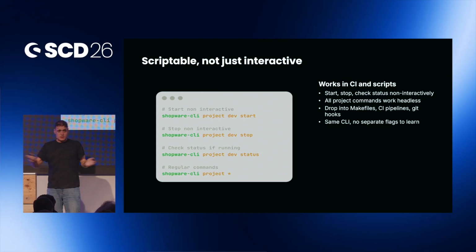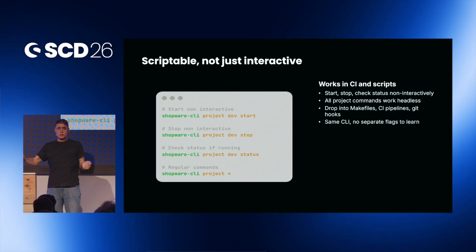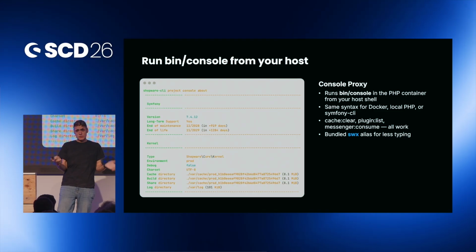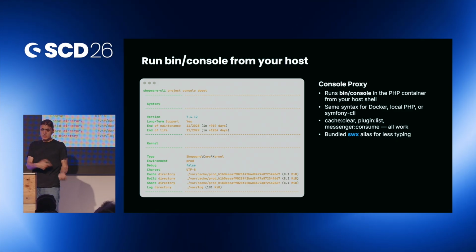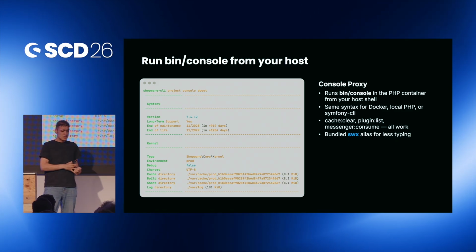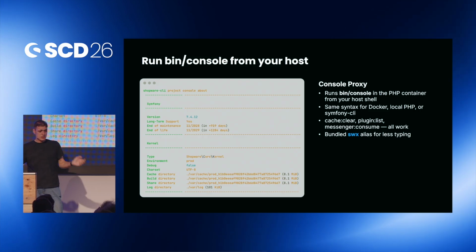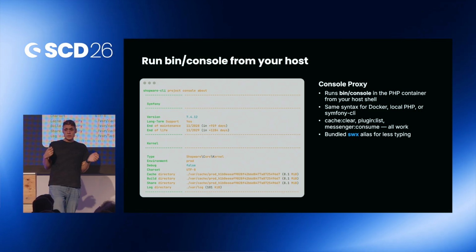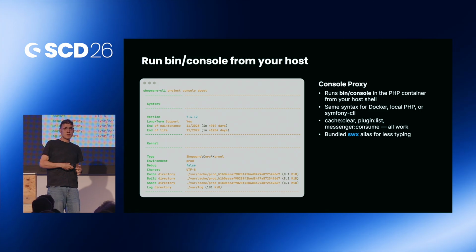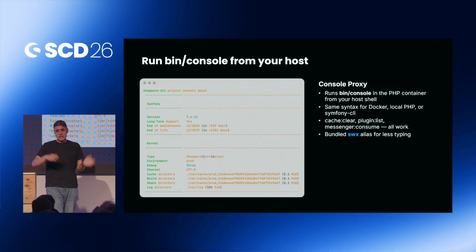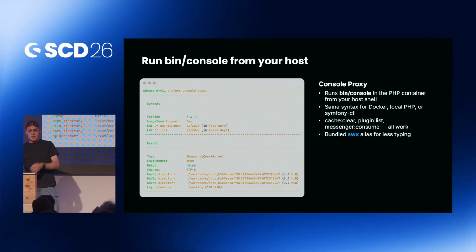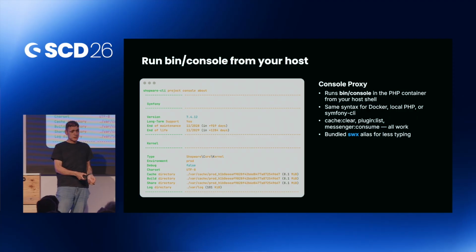And there are also commands you want to run, like bin console scripts, inside the shop application itself. So what we have done here is a console proxy, because the most hated thing, I would say, that developers mention about Docker setups is they have to go inside the Docker container, which is fine.